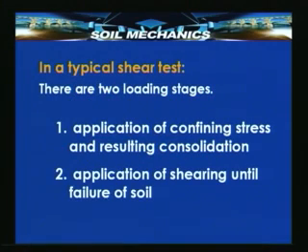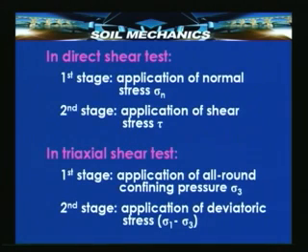There are two stages of loading in any typical shear strength test. First is application of a confining stress, and the second stage is application of the shearing force. There are two major types of tests commonly used in the laboratory: the direct shear test and the triaxial shear strength test.